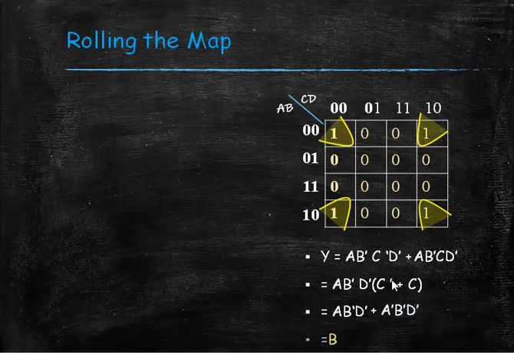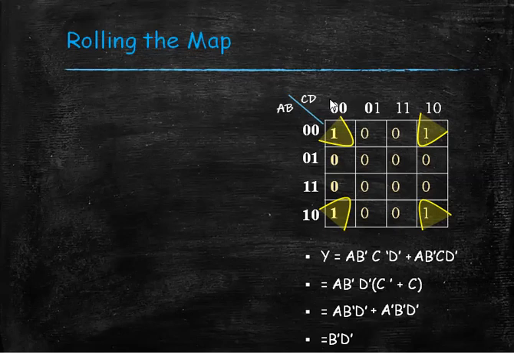Combining those two, we obtain B bar, D bar. The previous case also gave B bar, D bar. Then we can say that the ones in the four corners constitute a quad by rolling the map.